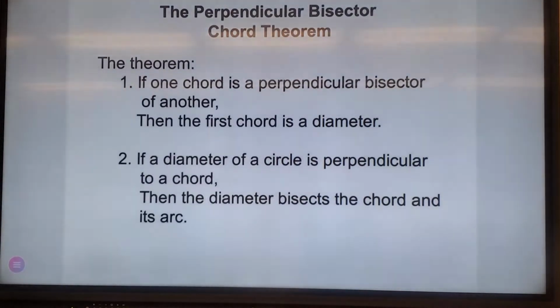So if one chord splits another chord in half at a right angle, then that first chord is in fact the diameter of the circle. Or statement 2 says that if I give you the fact that we have the diameter and I tell you that it is perpendicular to a chord, then it not only bisects that chord, but it also bisects its arc.